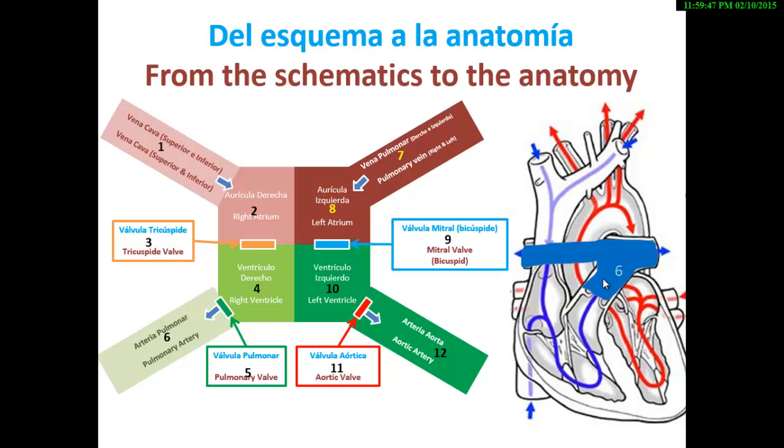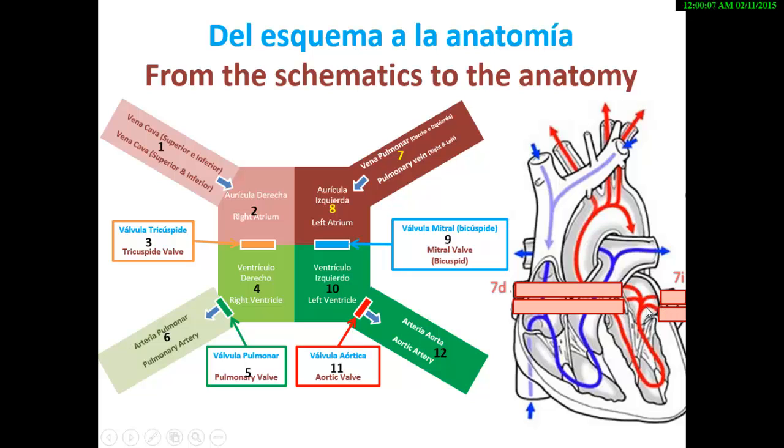Okay, so it goes to the lung. There's the exchange of oxygen and CO2, and then the blood comes back. It comes back through what? If it's coming back to the heart, remember, it's a vein. So you have the right pulmonary veins and the left pulmonary veins. Remember, this is the right for the person, and this is the left of the person.